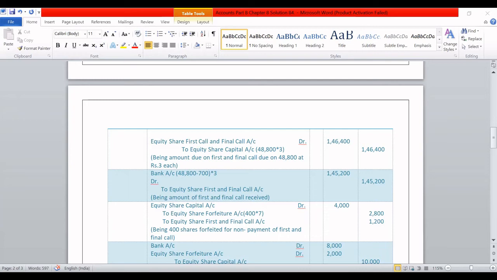Over here, 48,800 shares were due, but Shamu, who had failed to pay for 700, therefore the amount of the shares is reduced to 48,100 into 3. That will give you the amount.